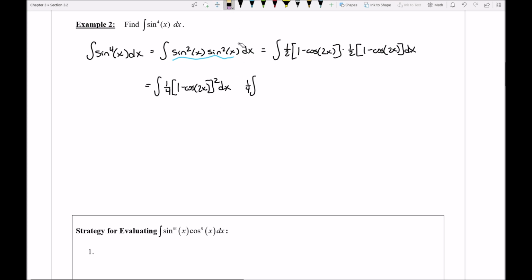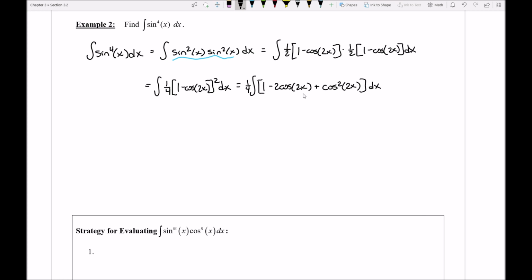So I'm going to take my 1/4 out to the front of the integral, and then multiply out the rest of this quantity. So that would get me 1 minus 2 cosines of 2x, and then plus a cosine squared of 2x.